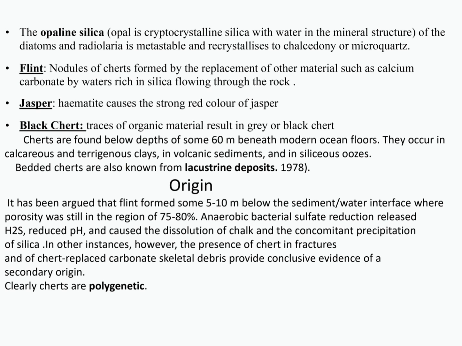These are the processes in which chert forms. With this we have completed chert. I have pointed out the main things everywhere, so you need to remember what is important and what you can leave, or what is not that important.